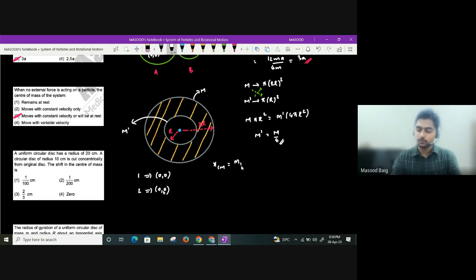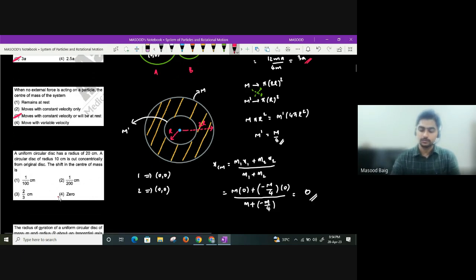Even if I use the formula m1x1 plus m2x2 divided by m1 plus m2, what will I get, beta? 0 plus, how much mass is removed now? Because this mass is being removed, I'll write minus m by 4. Where is it lying? Again 0 only, divided by m plus minus m by 4. Because they are cut concentrically, guys, there will not be any shift in the location of the center of mass.